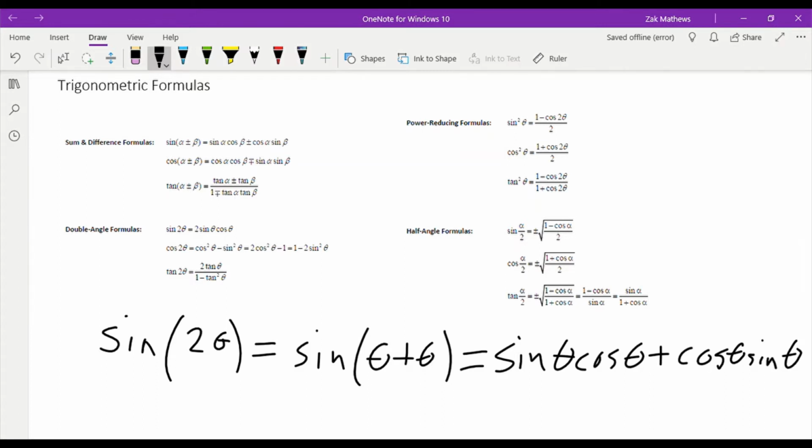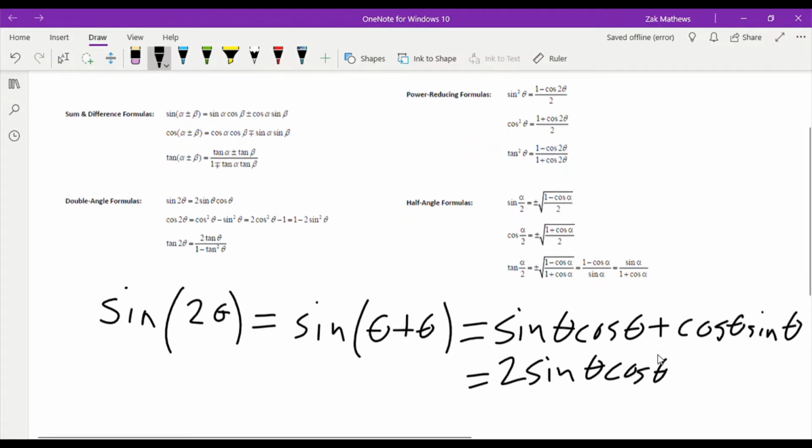If we look at these two right now, these are the same: sine, cosine, cosine, sine. The commutative property says these are the same term, so we can add those together and say this is 2 sine theta cosine theta.